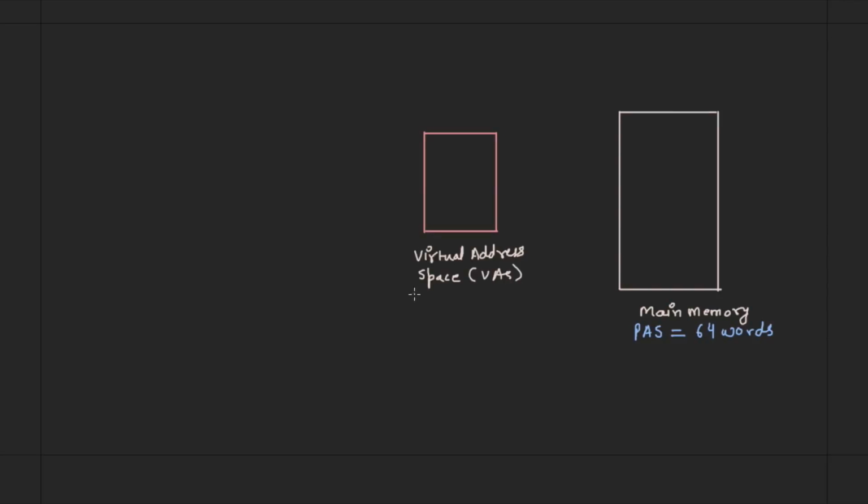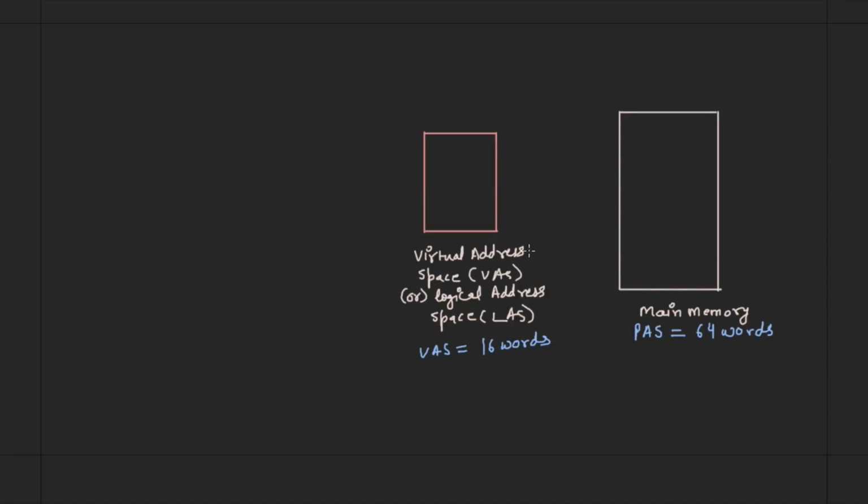Virtual address space is also called logical address space, or LAS. And let us assume that the size of this logical address space or virtual address space is only 16 words.